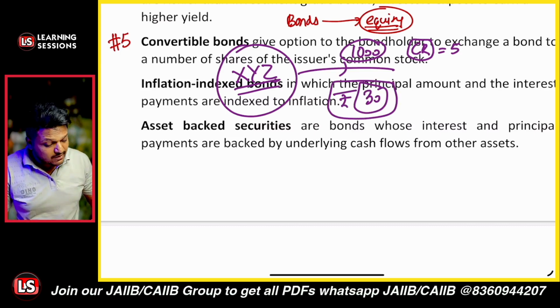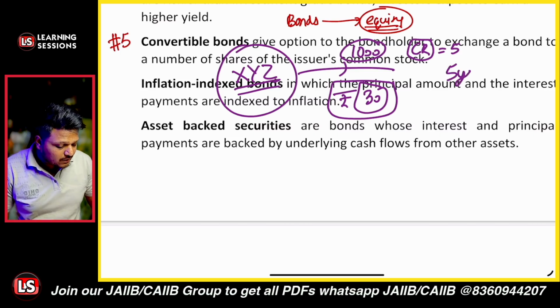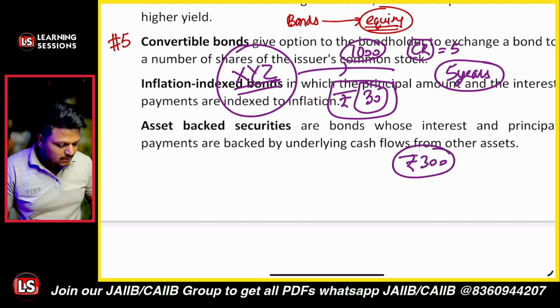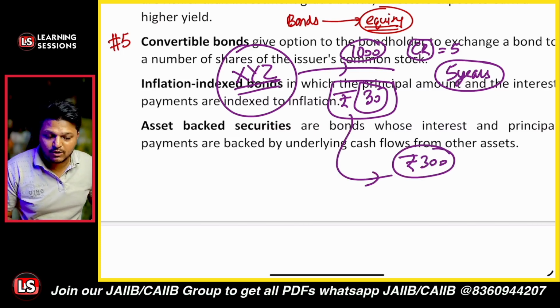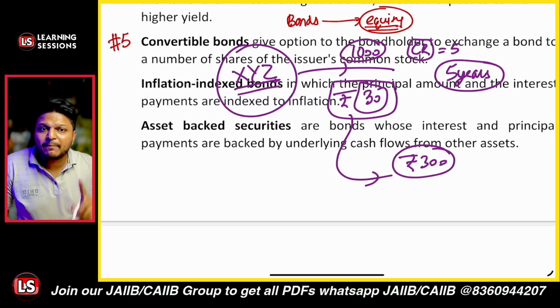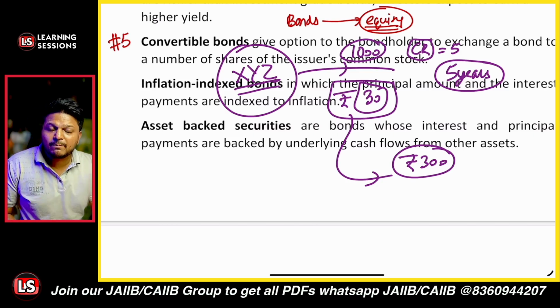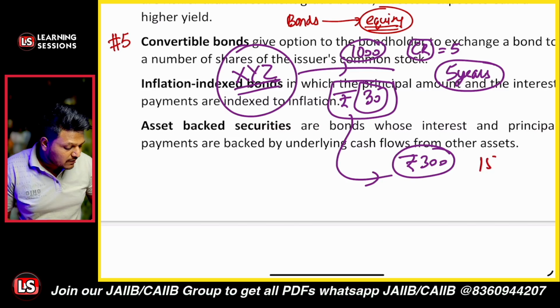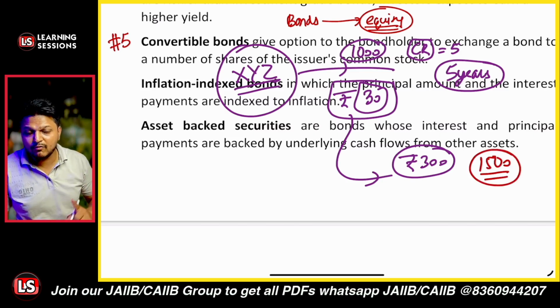Okay. Now let's say, after 5 years, the person wanted to exercise the right, and at that particular point, the price of the share was rupees 300. Now for the bondholder, there will be benefit, because instead of getting rupees 1000 back, the person will get rupees 1500, because one share is priced at rupees 300 and the person will get 5 shares.